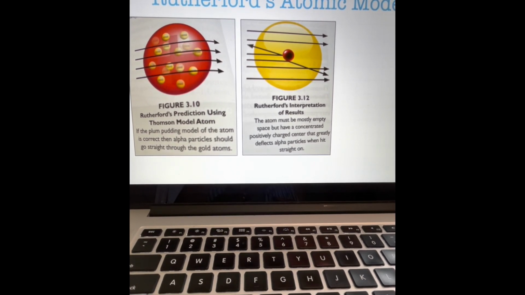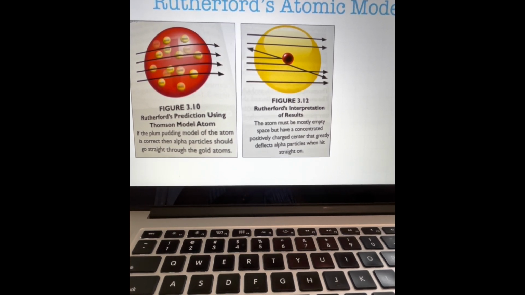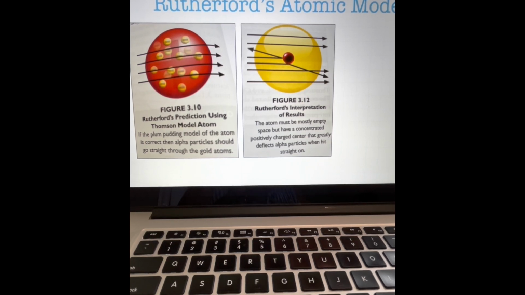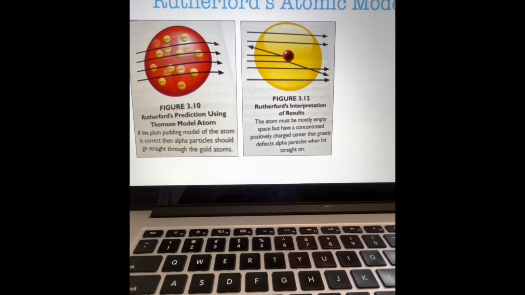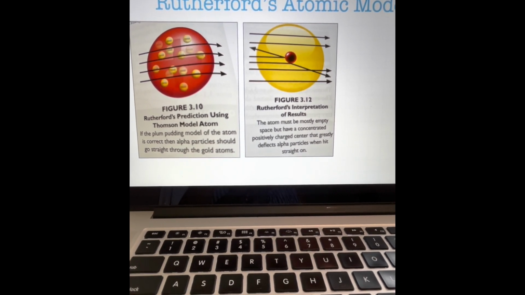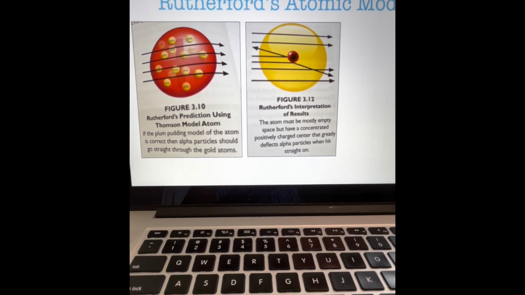Rutherford's analysis of the data from the gold foil experiment led him to formulate his own atomic model in 1911. He reasoned that the mass of the atom could not exist like the pudding in plum pudding if there were even a few deflected alpha particles. Rather, there must be a tiny but very concentrated positively charged mass.